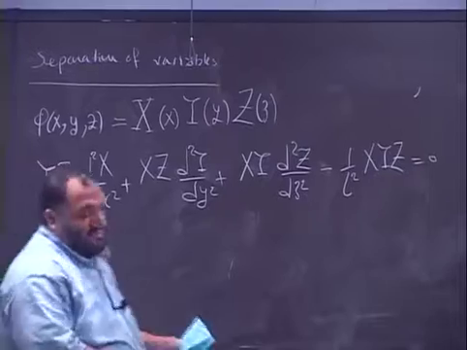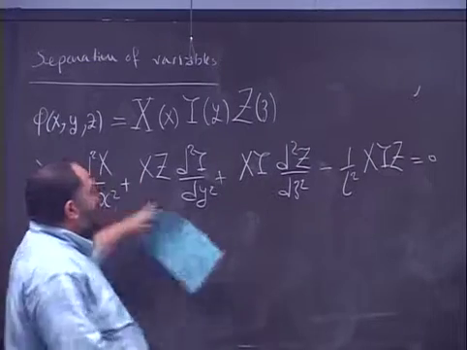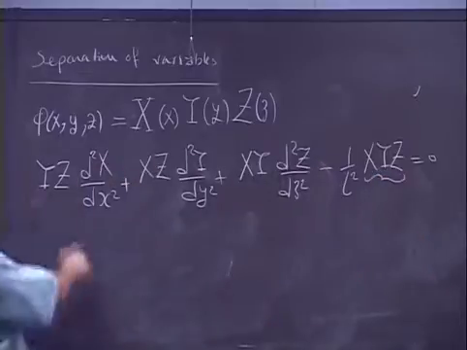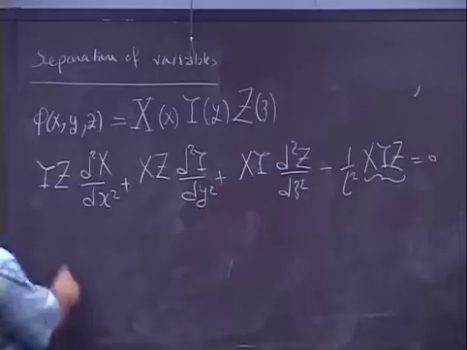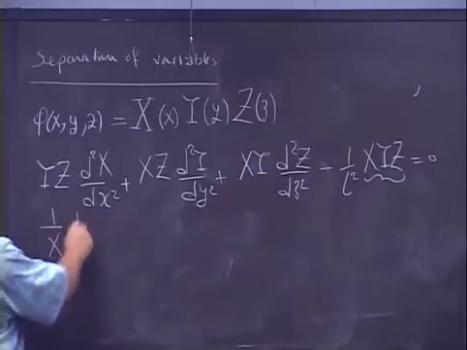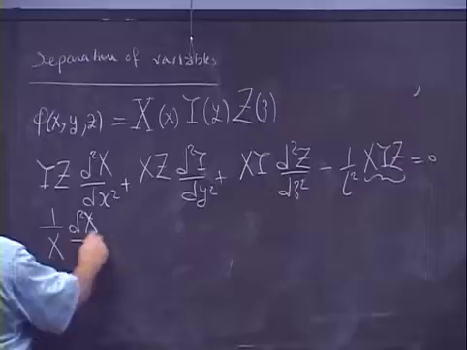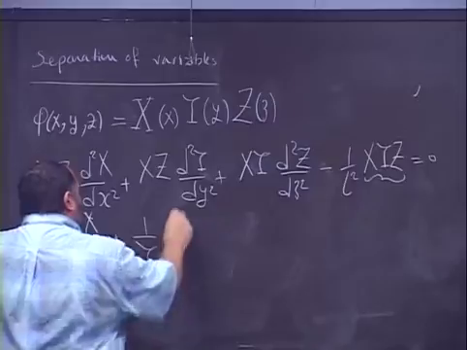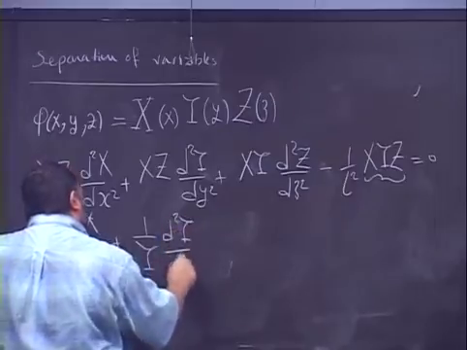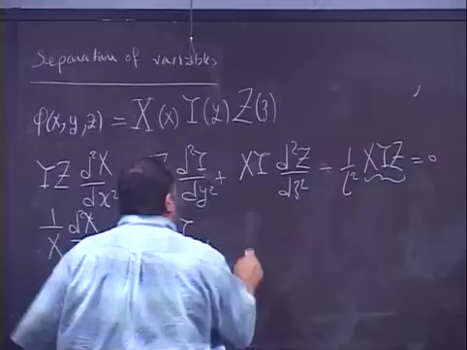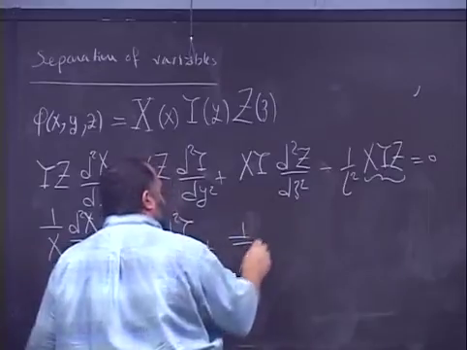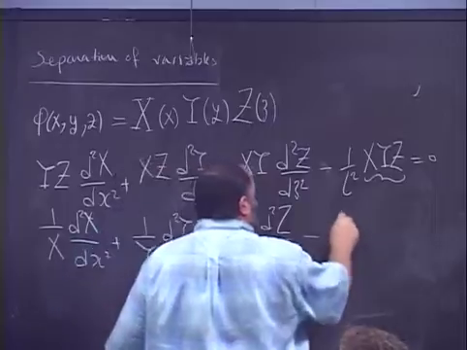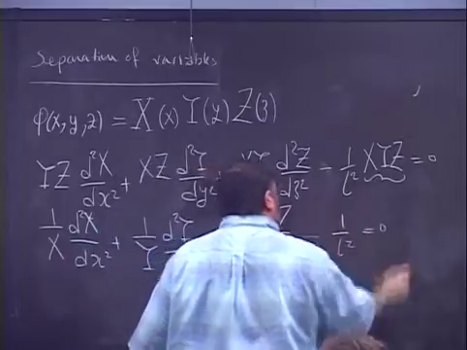Now if you divide all terms by X, Y, Z, what you will get is, here you will eliminate Y and Z and you will get only X, 1 over X. So this will be 1 over X d2X by dx square plus 1 over Y d2Y by dy square plus 1 over Z d2Z by dz square minus 1 over L square equal to 0.